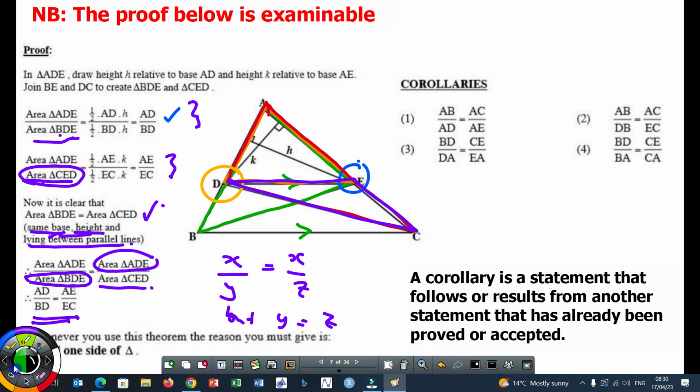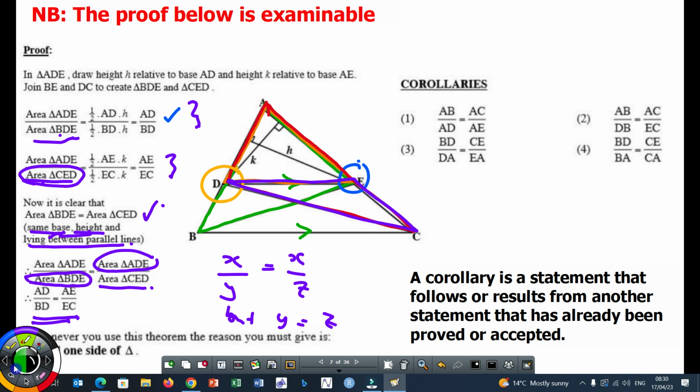If you divide two bases, what that means is that initially they have the same height. Therefore, the only way that I can determine this is by identifying two triangles that share a common vertex. If they share a common vertex, the ratio of their areas will be equal to the ratio of their bases.